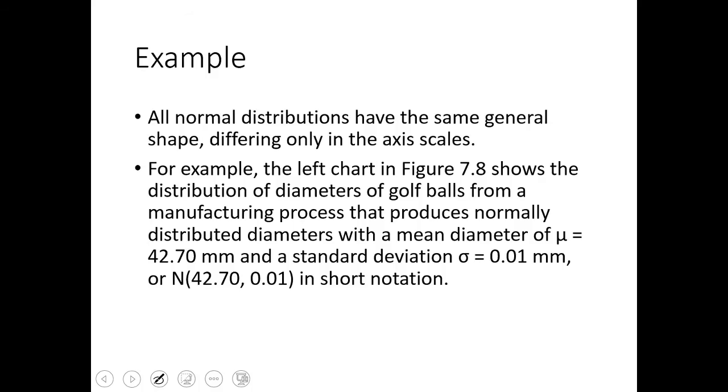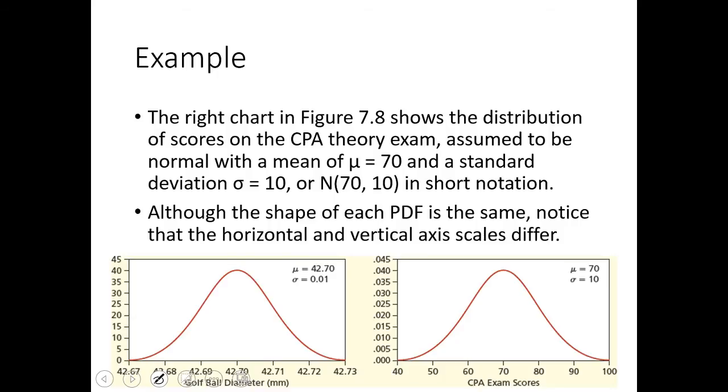The normal distributions all have a very similar general shape. For example, consider two normal distributions. One has mean 42.70 and standard deviation 0.01.